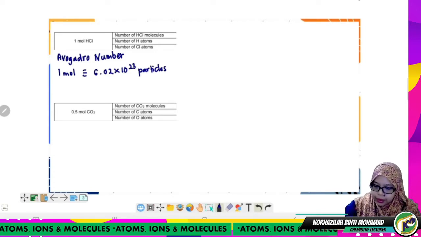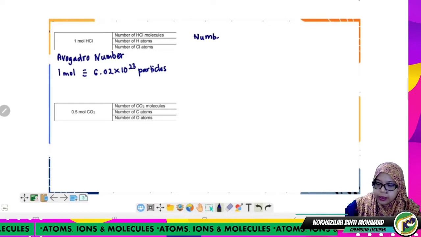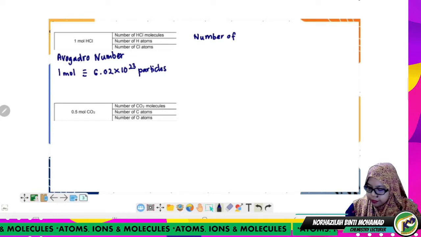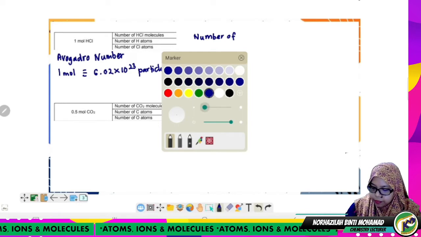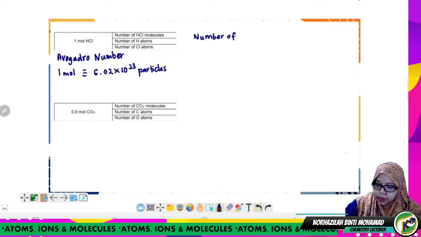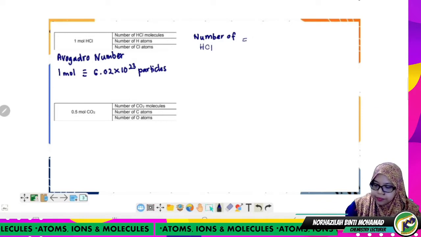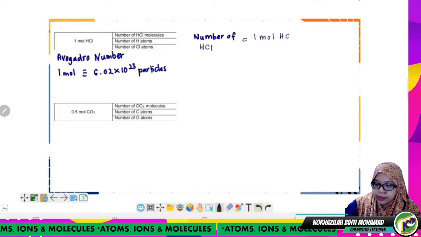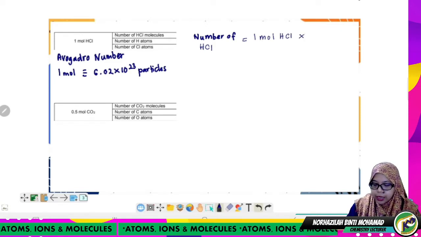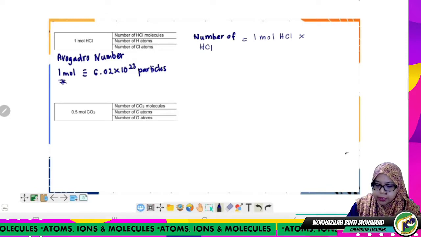So for this question, the number of HCl is equal to 1 mole of HCl times, look at this statement here.